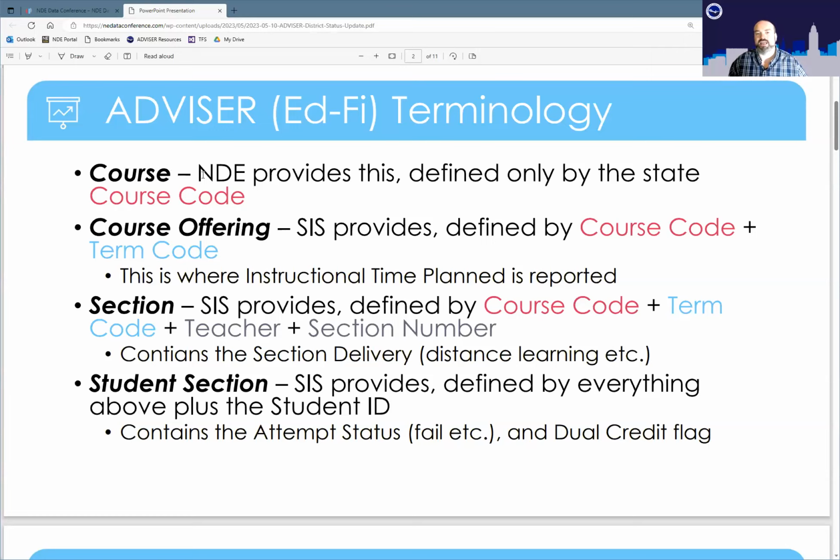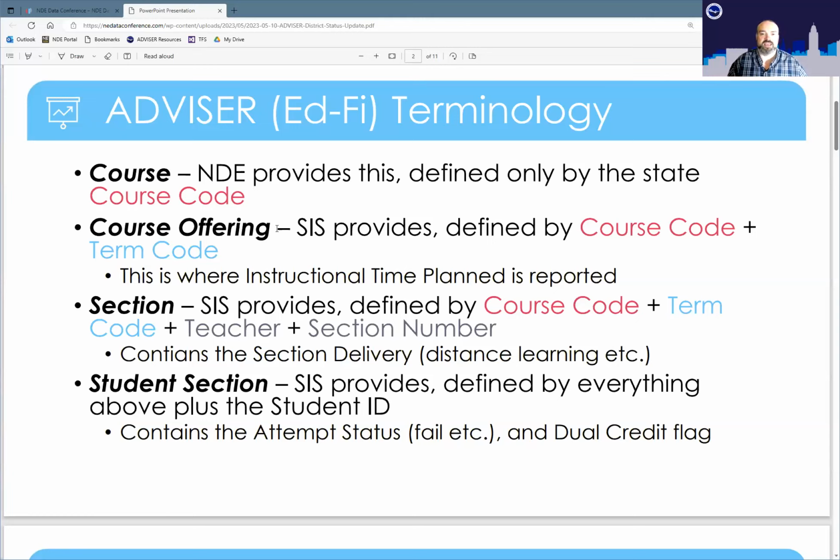So NDE is providing course data. This is really just defined by the state course code. We push this data into advisor. Some of the SIS vendors actually read the data down from us. And this is just a list that's per year. It's one entry per state course code.